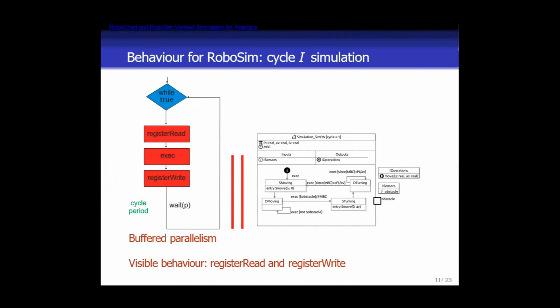And these two things together are in parallel, the executive driving the state machine as though it were a piece of sheet music, right? Doing what should be said in a particular order. Here we have buffered parallelism, and the visible behavior here is about those register transfers, what it's reading and what it's writing. In the RoboChart, it's not, it's about events.